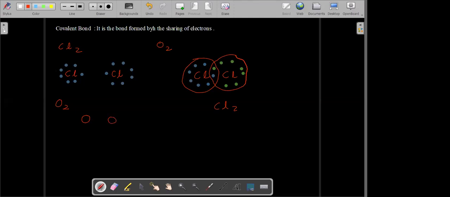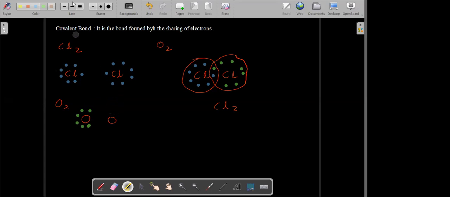So make the 2 oxygen atoms with their individual electrons. Each oxygen atom has 6 electrons, and each of them requires 2 more electrons. Since every oxygen requires 2 more electrons, it must share 2 electrons.